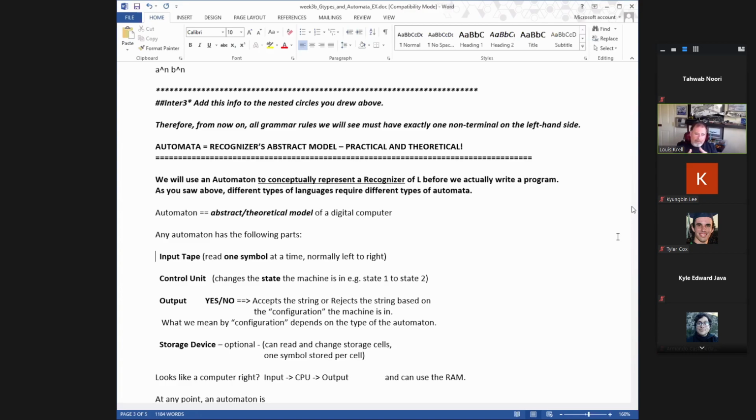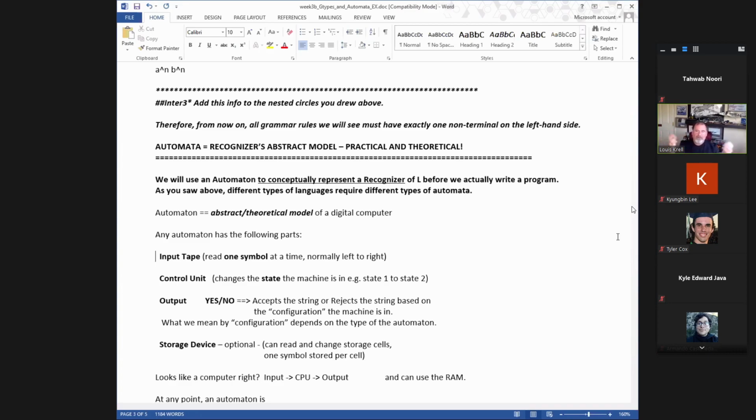You're going to want to be able to output a yes or no, whether you accept or reject the string. You're doing this on Friday, or you're doing this now for the homework for the recognizer, where if the string that's passed in contains only binary digits, zeros and ones, you return yes, it's in L, the language.